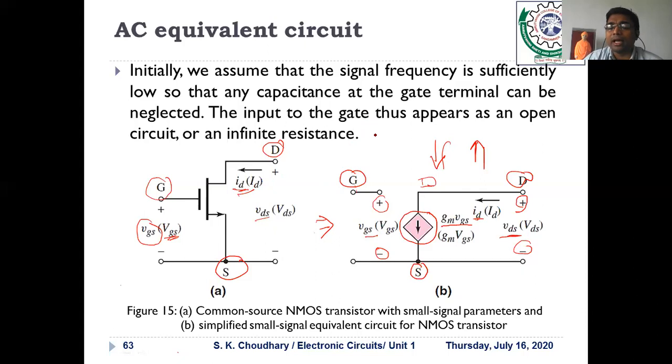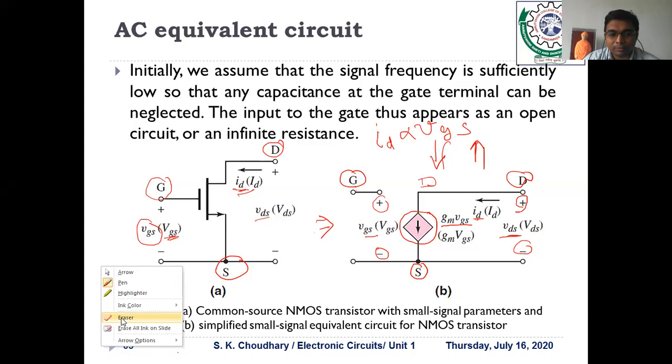Here we know that in the case of MOSFET, your ID is proportional to VGS. We have already learned this in the previous lecture.